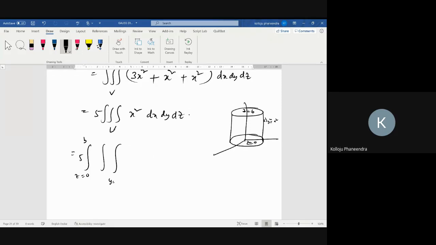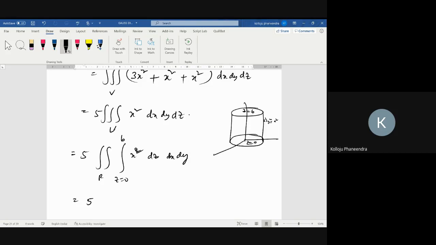So I can write y equal to minus root of a square minus x square to plus root of a square minus x square, and x equal to minus a to plus a. And my better idea is, instead of doing like this, first let us eliminate z. This is 5, integral z equal to 0 to b, x square dz, next dx dy.